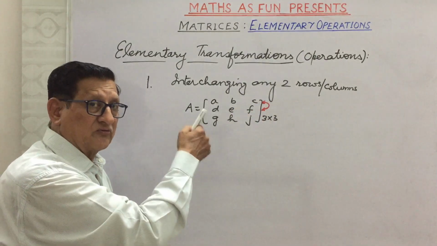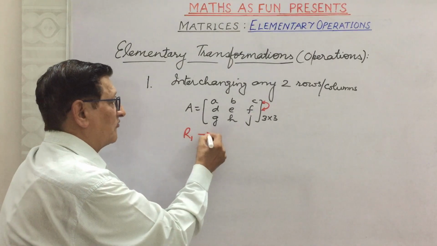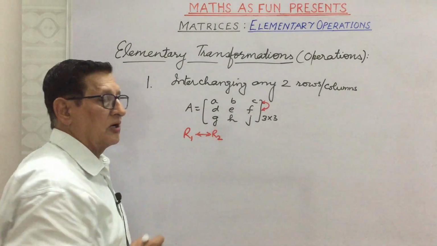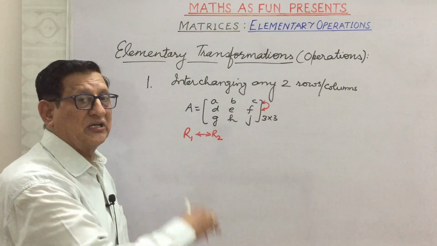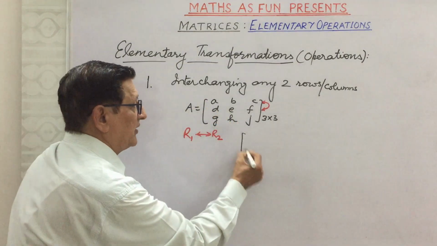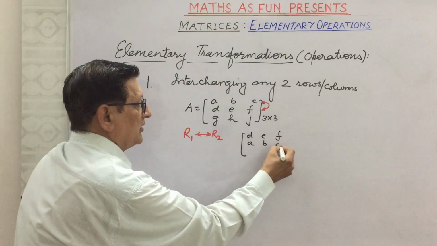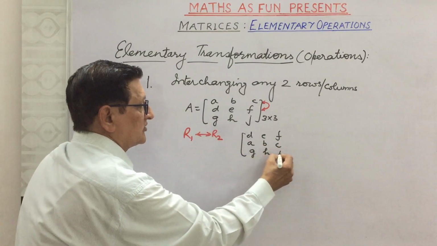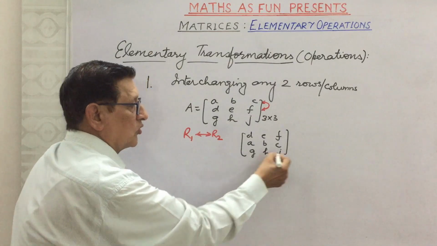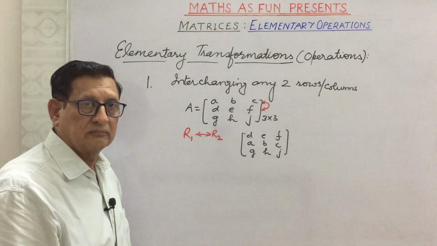Then the representation of this will be R1 interchanging with R2, and the matrix which we get after this will be D, E, F, A, B, C, G, H, J. The third row will remain same.